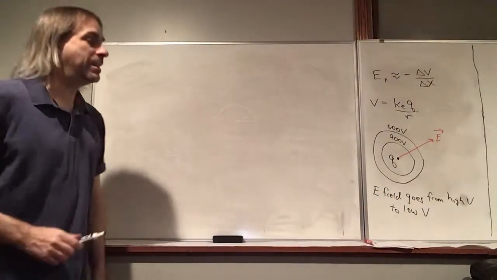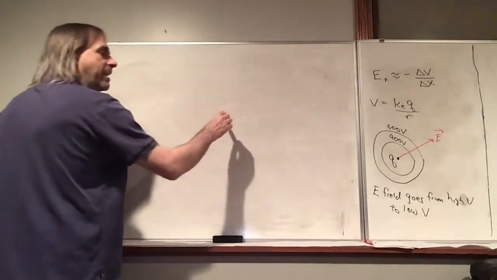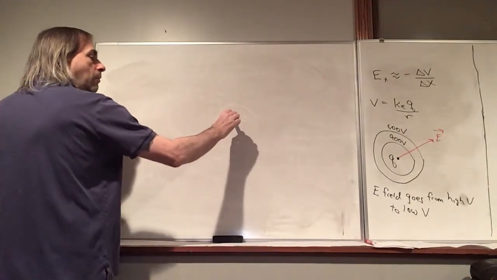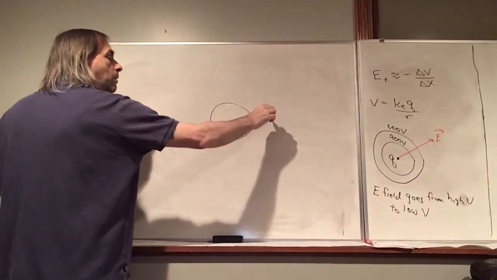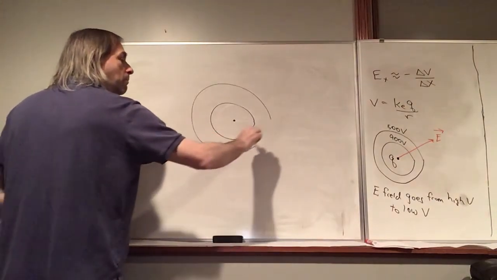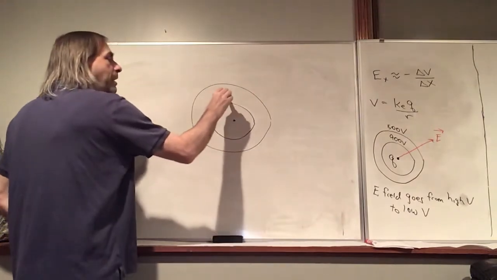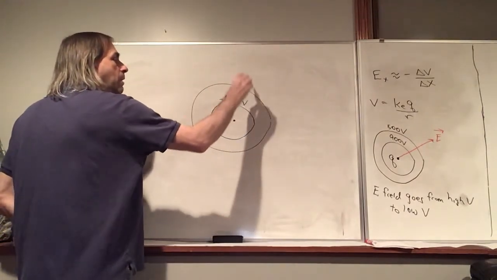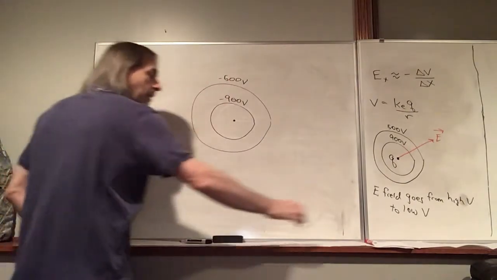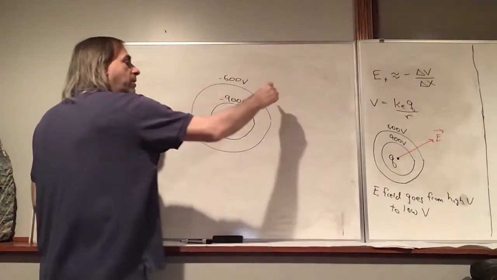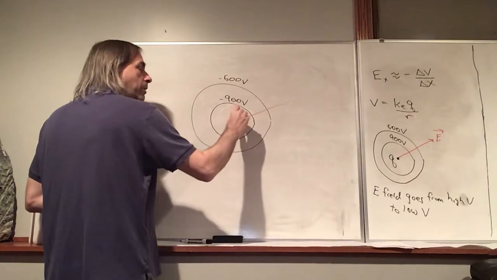Now, that's with a positive charge. What if we had a negative charge? Well, if we just replace that Q with minus Q, let's draw these 2 surfaces again. Here we'd have minus 900 and minus 500, and the electric field would go radially inwards.